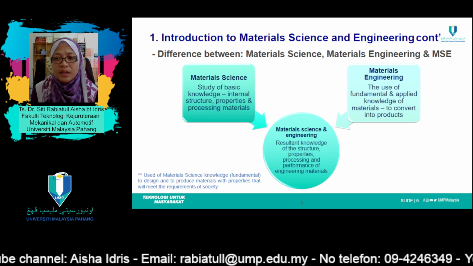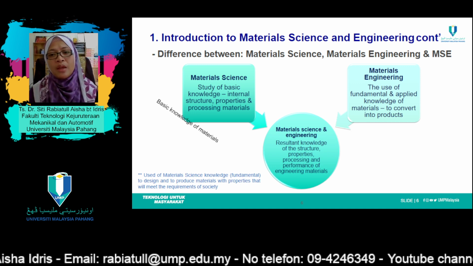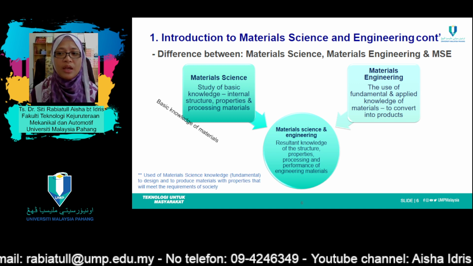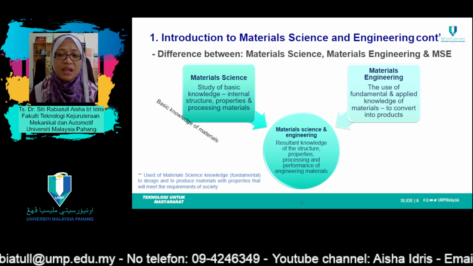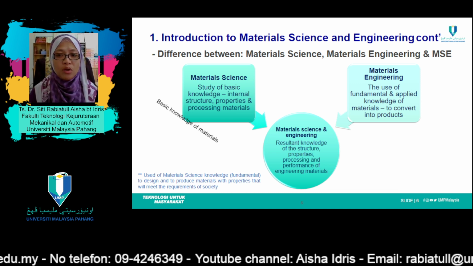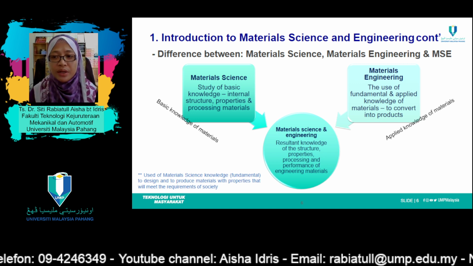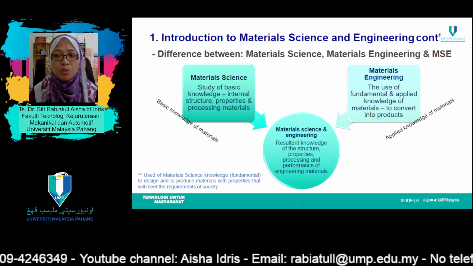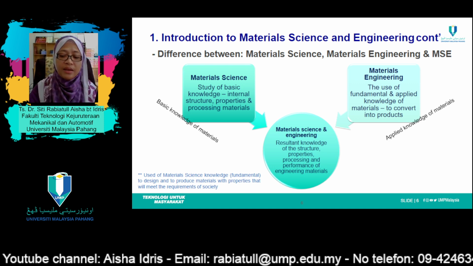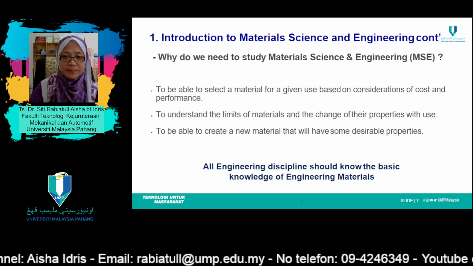As mentioned in the previous lecture, there is a relation between material science, materials engineering, and material science and engineering, whereby material science focuses on basic knowledge of materials, and materials engineering is the applied knowledge of the materials. Therefore it comes into material science and engineering, which is what you are going to learn in this subject.